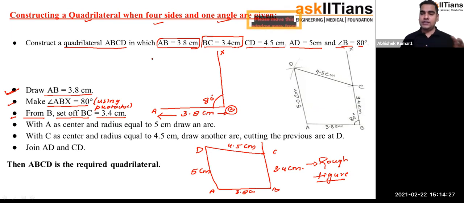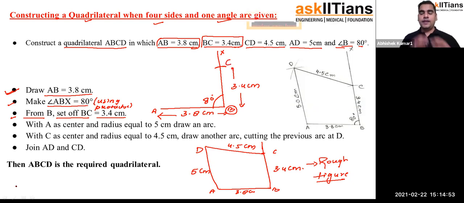Then, assuming B to be the center, you have to mark an arc here of length 3.4 centimeter. That means this value must be equal to 3.4 centimeter, and you are going to call this particular point as C.